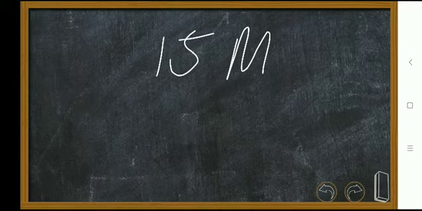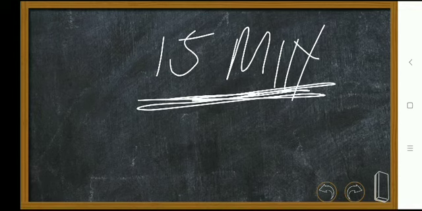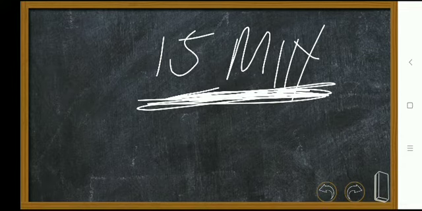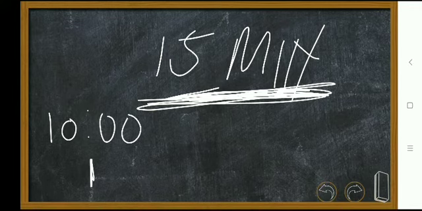Remember, we said for a specific time frame a candle will be formed in each and every time interval. If it's a 15-minute time frame or chart, a candle will be formed each and every 15 minutes. So if it's 10 o'clock, a candle will be formed.